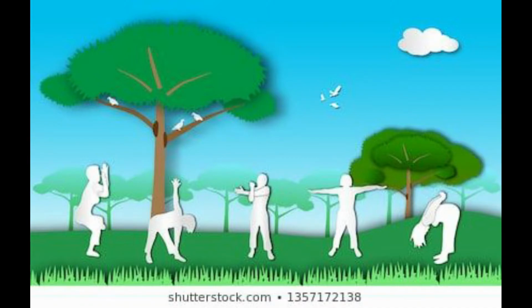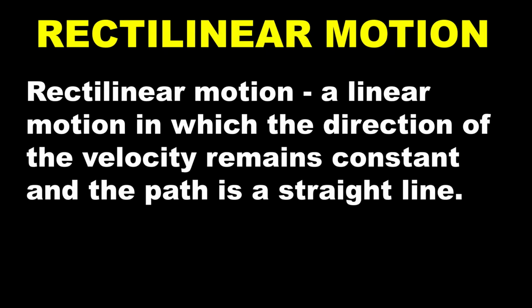So the first type of motion is rectilinear motion. Rectilinear means any sort of motion, children, when it is in a straight line, सीधी line में जब कोई motion होता है, then it is said to be rectilinear, or it can be said as linear motion.